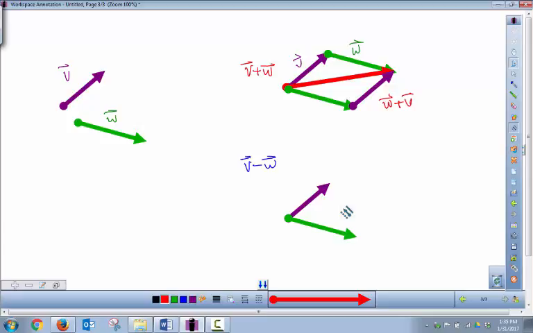Now, which one do you think should be the head and which one should be the tail? Whenever we think about making a vector, let's think about head minus tail. Then it gets our subtraction figured out. So the tail is going to be W, that's the green vector, and the head is going to be V, that's the purple vector.